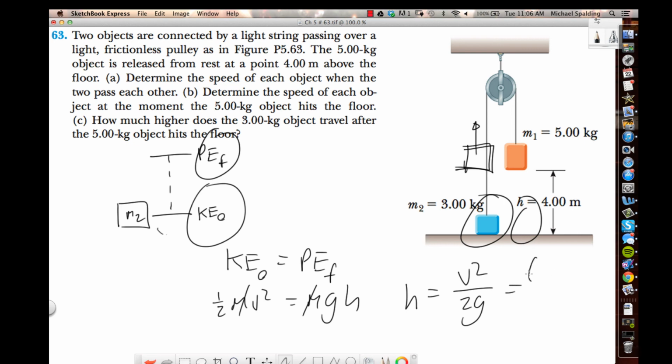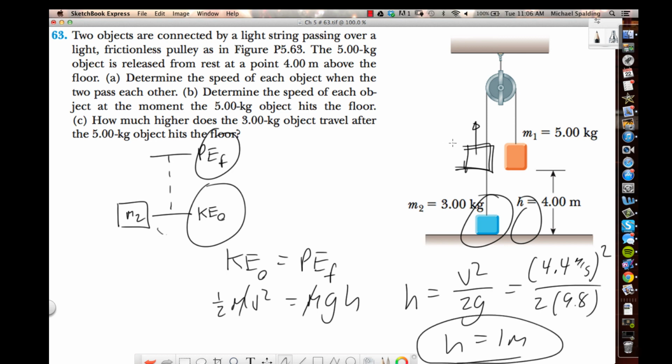And that velocity is the 4.4, so h comes out as 1. That's from here to where it ends, so that's 1 meter. After the 5 kilogram object hits the floor, the 3 kilogram object will go 1 meter higher.